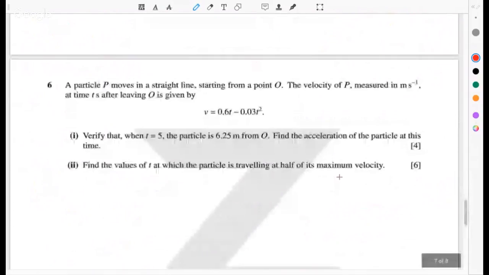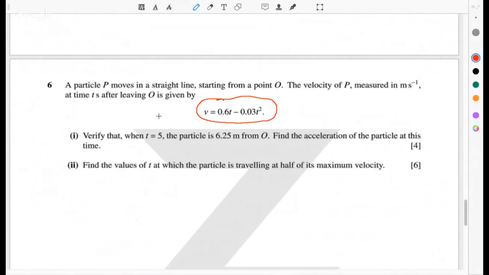Question 6. A particle P moves in a straight line starting from a point O. The velocity of P, measured in meters per second at time t after leaving O, is given by this equation, v equals 0.6t minus 0.03t squared.